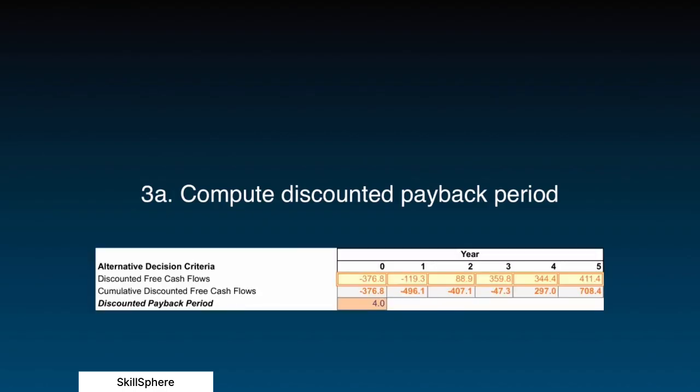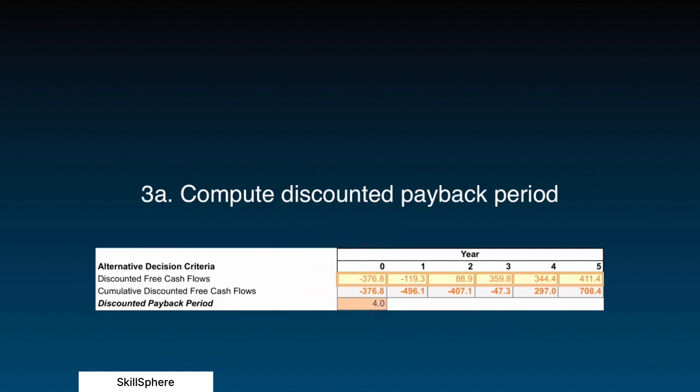On this slide, I computed those discounted free cash flows using our cost of capital of 12%. Then I accumulate them and count until they turn positive, which is right here in year 4. So our discounted payback period is 4, which is greater than our payback period of 3.